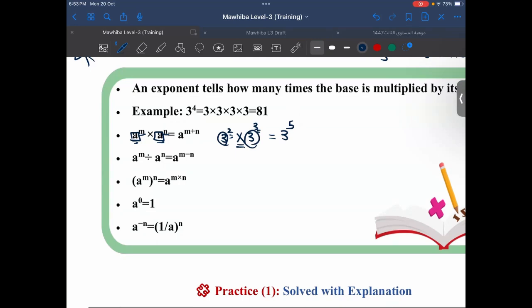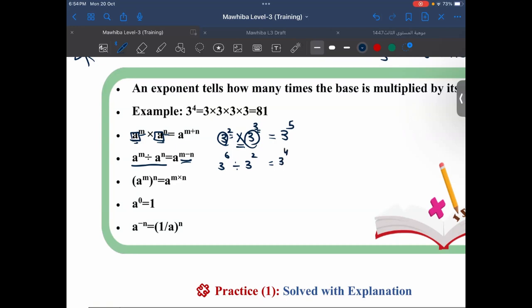And in the opposite, in division, what we're going to do is subtraction. So if I have 3 to the power of 6 divided by 3 to the power of 2, what am I going to have? 3 to the power of 4.